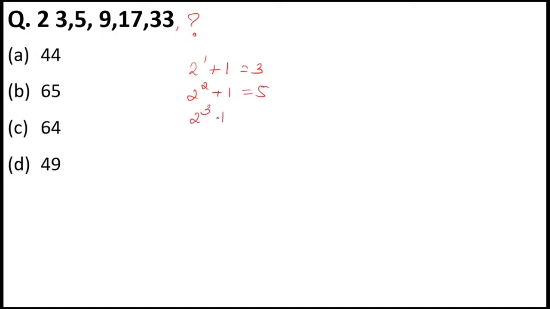For the cube, 2 to the power of 3 is 8. 8 plus 1 gives you 9. Then 17. Very simple. Then 2 to the power 5 is 32. And then 2 to the power of 6 is 64. 64 plus 1 is 65. Okay, right answer is option B.